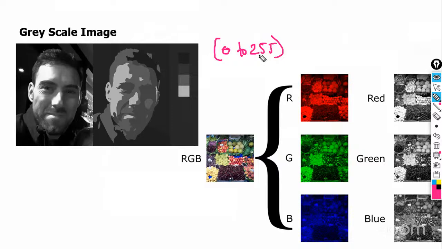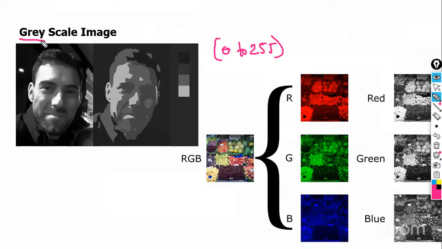The values in this range 0 to 255 represent different shades of gray color. I hope it's making sense.